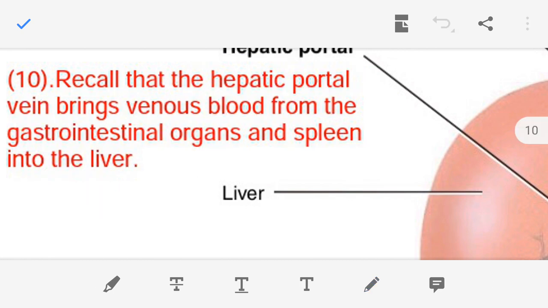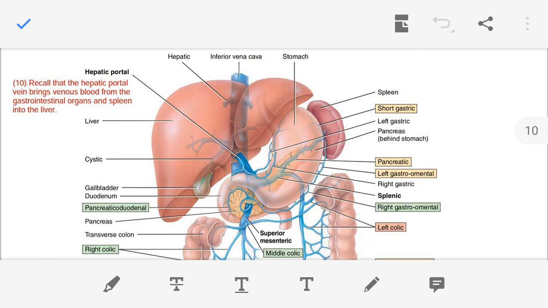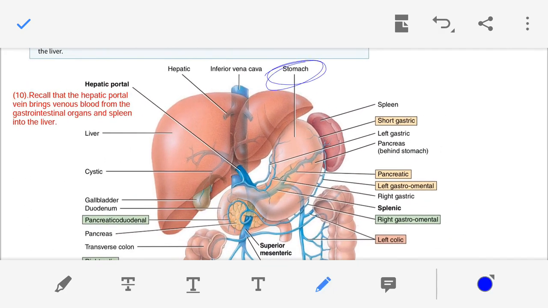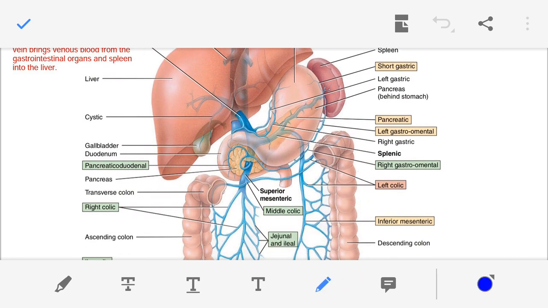Now here you need to understand this. See, this is the stomach. There is digestion in the stomach. Then after the stomach there is the small intestine. The first part is the duodenum, then the jejunum and ileum. These are the three parts of the small intestine.